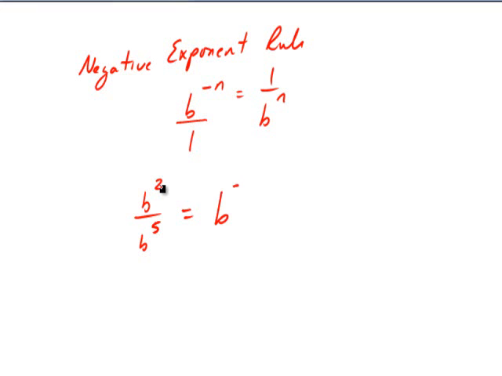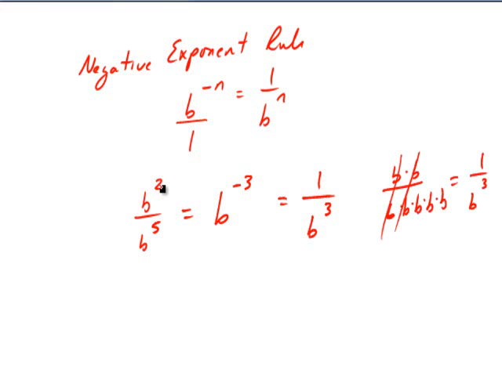B to the 2 minus 5 is b to the negative third, but I also could have subtracted 5 minus 2, and because the 5 is larger than the 2, I would have more b's in the denominator. I would have 3 of those from the 5 minus 2 from the subtraction. If I expand this and cancel out the b's, I can see that I have 1 in the numerator and b cubed in the denominator.